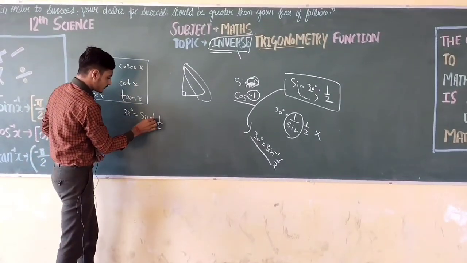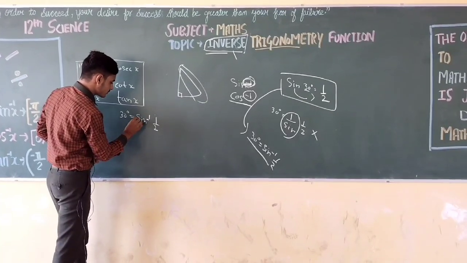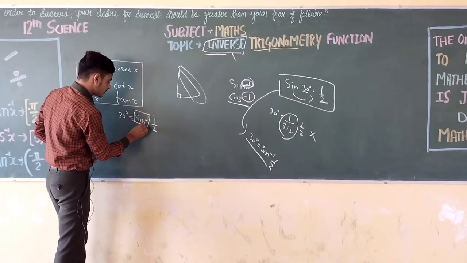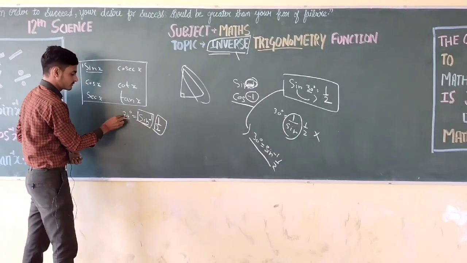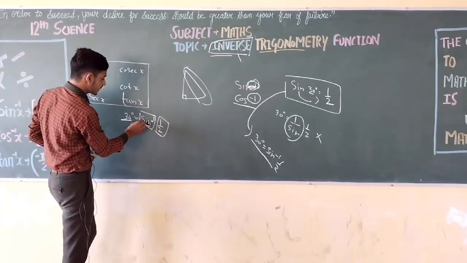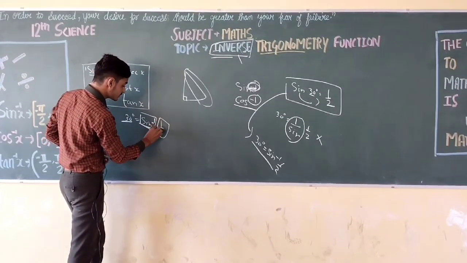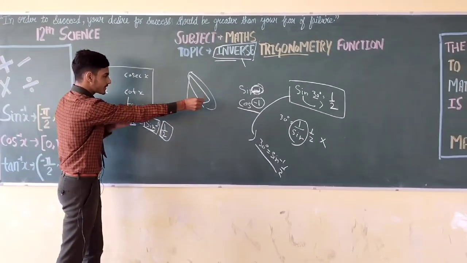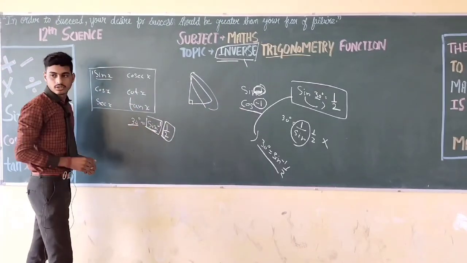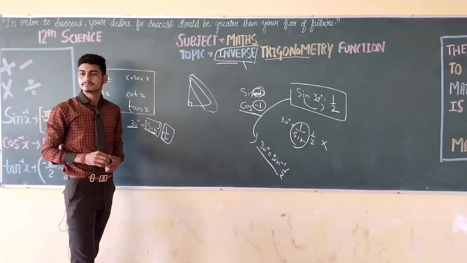We read that on which angle the sine value is 1 by 2. Because as we did in the earlier step, sine 30 degree is equal to 1 by 2. Have you got it? Yes.